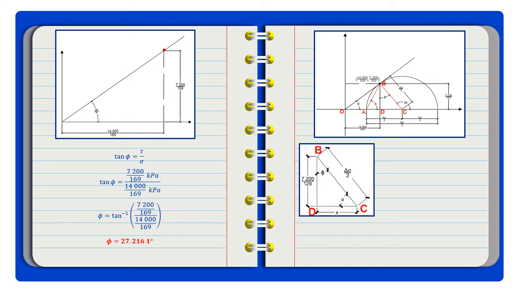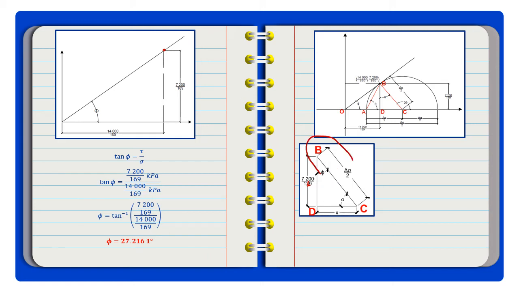So, automatically, this side of the triangle will be 7,200 over 169. Then, meron tayong angle of internal friction na nakuha kanina. So, ngayon, pwede natin makuha from this one.